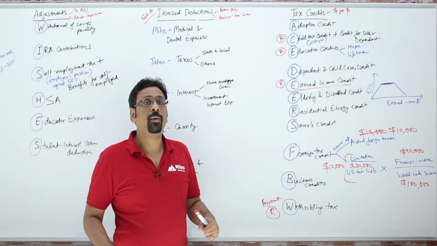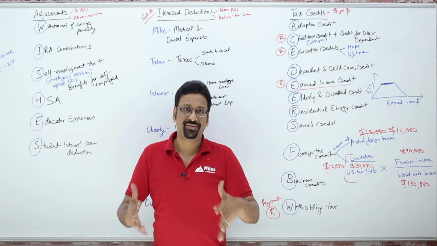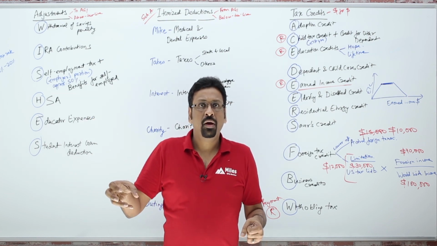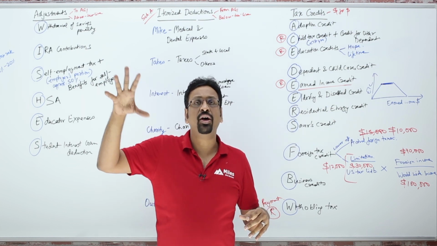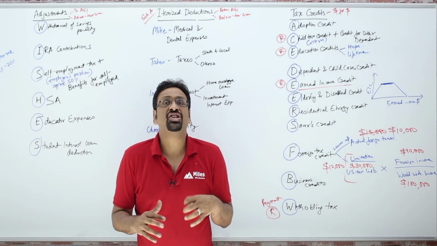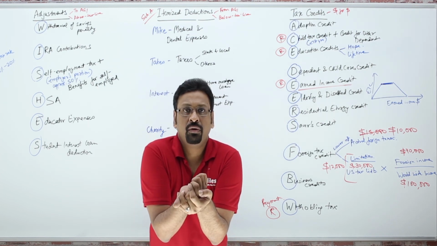Here we also talk about any excess FICA. Now, there's payroll taxes deductible from your paycheck every month. Now, if you've worked for multiple employers during the year, it may so happen that there's extra FICA deducted from your paychecks.